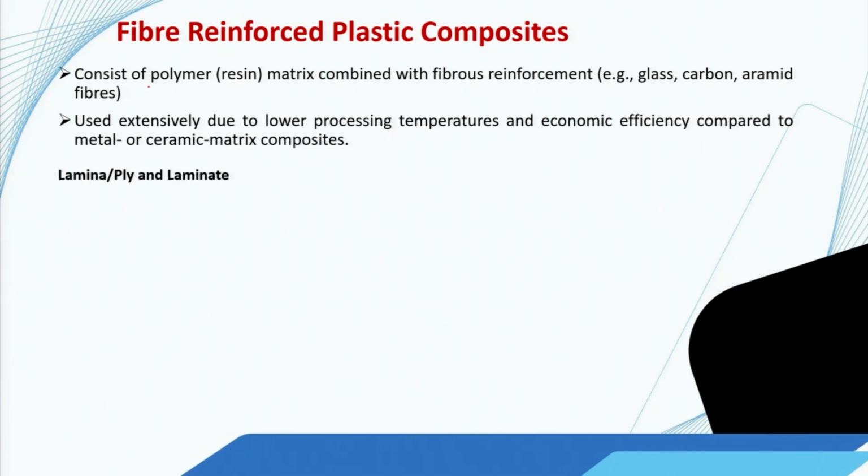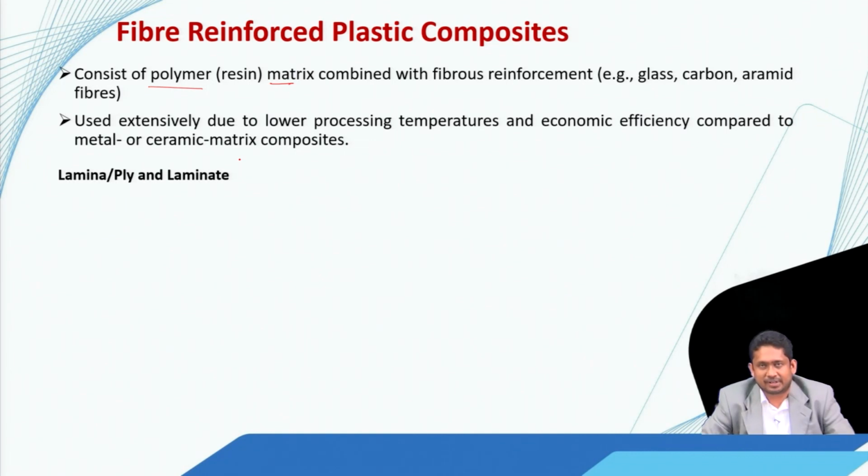It consists of a polymer matrix. Before fabrication, this matrix is in a liquid form, and we call it resin. Then this resin is hardened, and it holds all the fibers, and that is the solidified composite that we get.